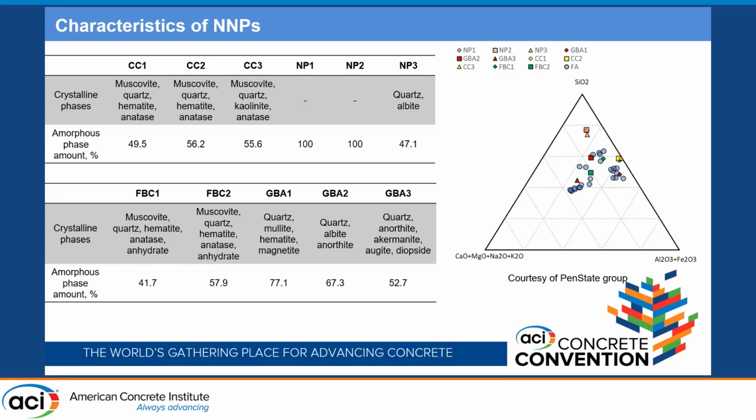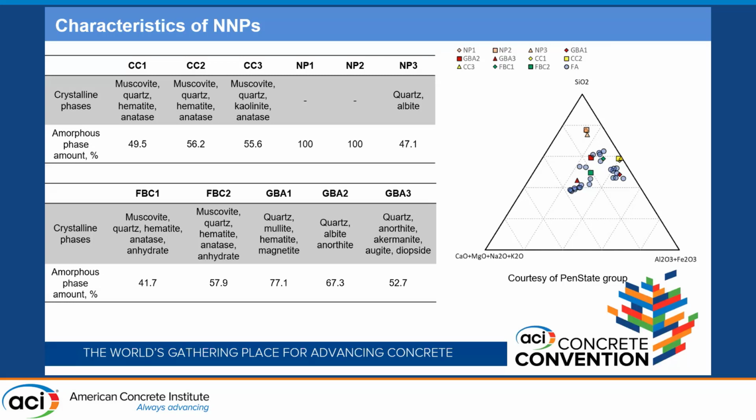As you can see from this ternary plot that was provided by the group of Professor Rajabipur from Penn State, according to the XRF data, the natural Pozzolans are close to the silica edge, which means they are rich in silica, and they have some alkalis.